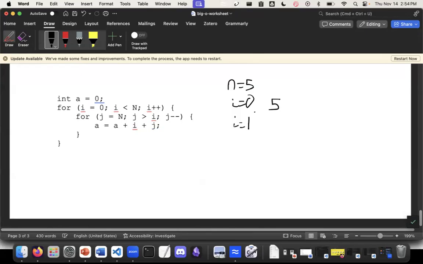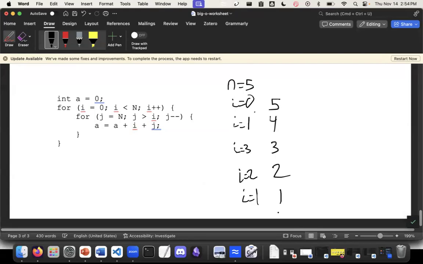When i is 1, i is 3, and it doesn't run 25 times. If it ran n squared times, it would be O of n squared. So when i is 1, it happens.